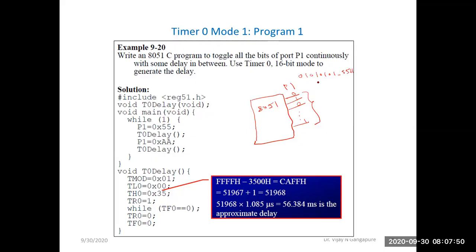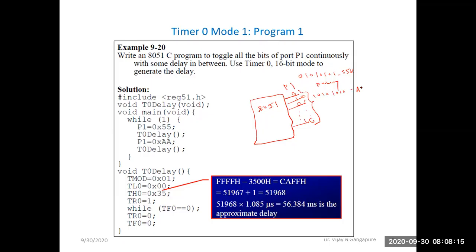Then I have to generate some time delay by using timer 0 in mode 1. After that I have to toggle these pins. If a bit is 0 I have to make it 1, and if it is 1 I have to make it 0, so that it becomes 1 0 1 0 1 0 1 0.